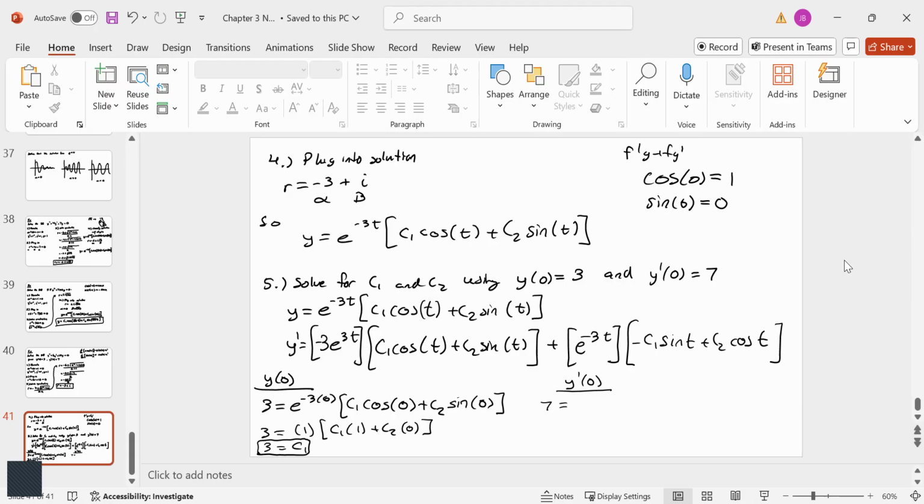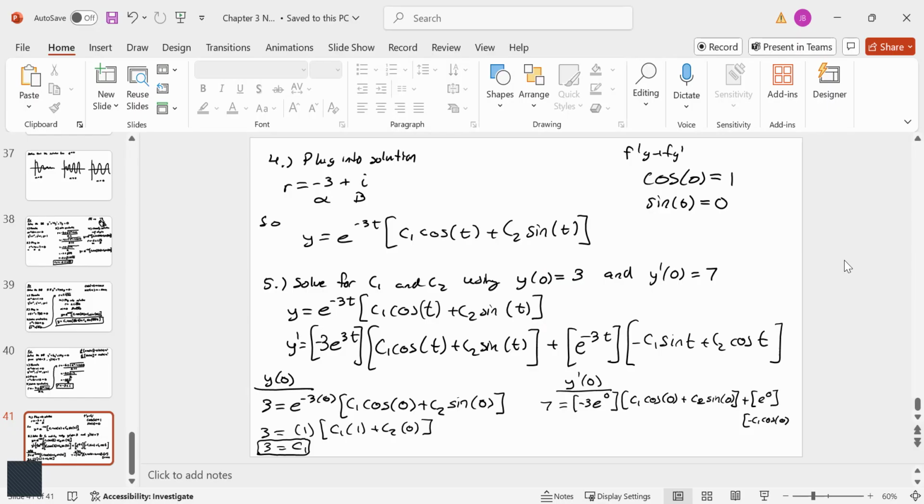I wait till the very end to plug in C1, so even if I already know what it is, I just wait. You're going to get negative 3 e to the 0. I have to cut down a little bit of this because it's too much writing. C1 cosine of 0 plus C2 sine of 0 plus e to the 0 and then times negative C1 cosine of 0.